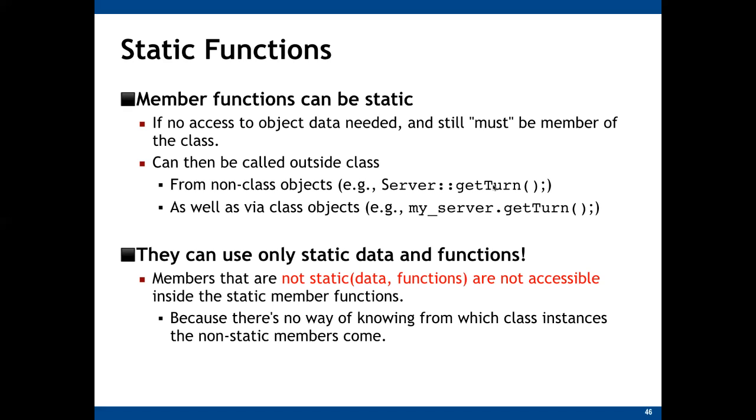So if we assume that getTurn is a static member function, you can call this static member function using the class name followed by the scope resolution operator. And you can also call this static member function using the dot operator and putting the object here. These two give the same result, but typically we use the class name and the scope resolution operator when we are calling static functions.